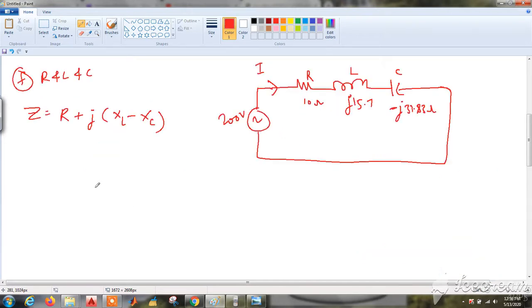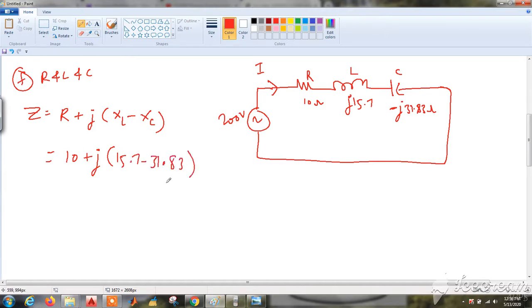So first coming to the impedance, we know that impedance is R plus j(XL minus XC), or you can also write R plus jXL minus jXC. You get the same. So all three are present here. No one is absent. So let us substitute the values. 10 plus j(XL minus XC), that is 15.7 minus 31.83.